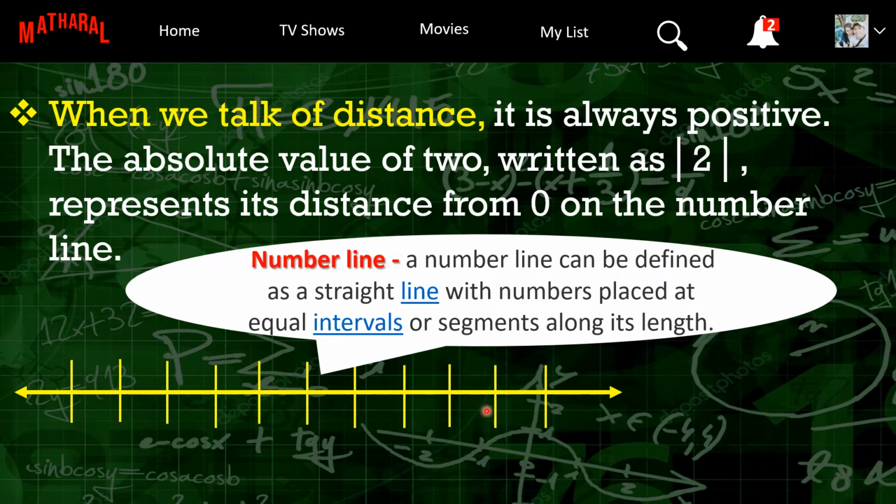A number line can be a horizontal one like this one, or a vertical one. If you are browsing your modules, there is a learning task that asks for a vertical number line. So let's move forward.